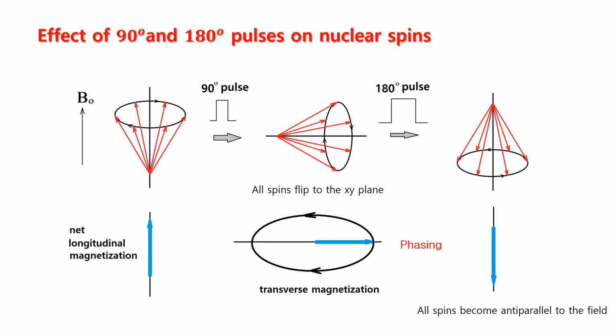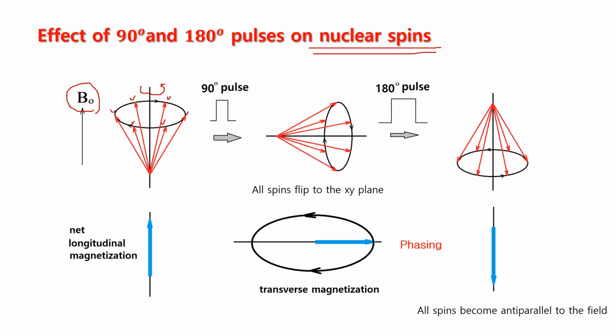Now let's see the effect of 90-degree and 180-degree pulses on nuclear spins. In the static field of B0, nuclear spins precess around this B0 field, but the phases of the nuclear spins are all different.